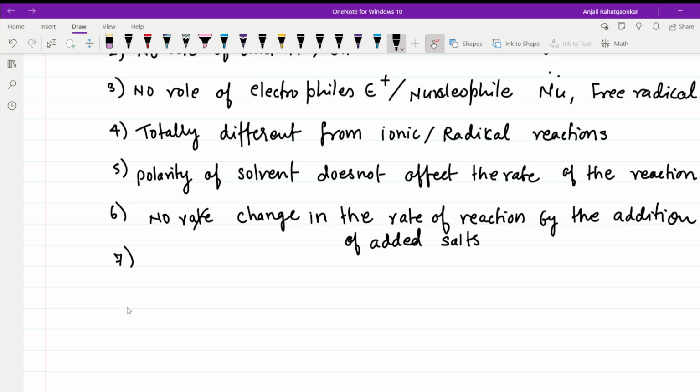Likewise, there is also no role for radical initiators or quenchers.